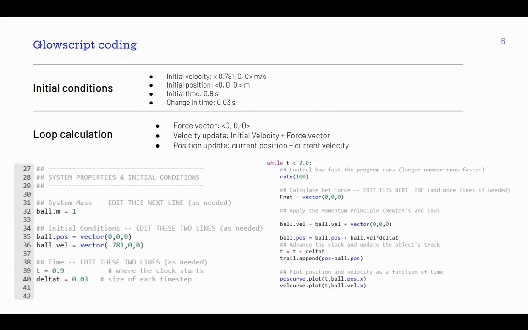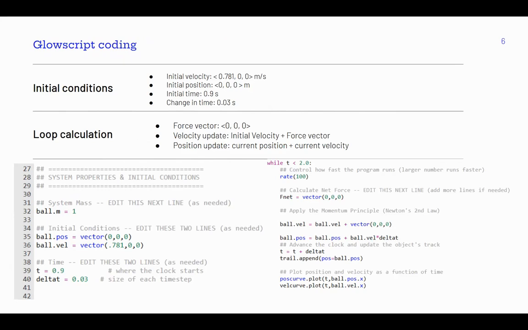There are no forces acting on the object, so the force vector was 0. The velocity update formula we used was initial velocity plus force vector over m times delta t. However, because the force vector was 0, the velocity remained the same, which was the initial velocity, 0.781, for the entire time.